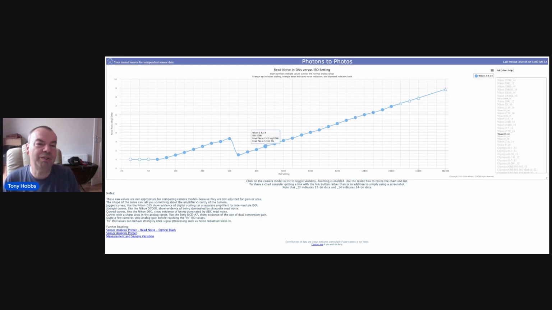So ISO 1000 is 2.4 and 5.4. The read noise at ISO 200, 2.4 and 5.4, is about the same as at 1000. So once you get past 200, and certainly before you get to 400, ideally start thinking about upping the ISO to 500, because once you get to 500, it takes until 1600, at 3 and 8.9.